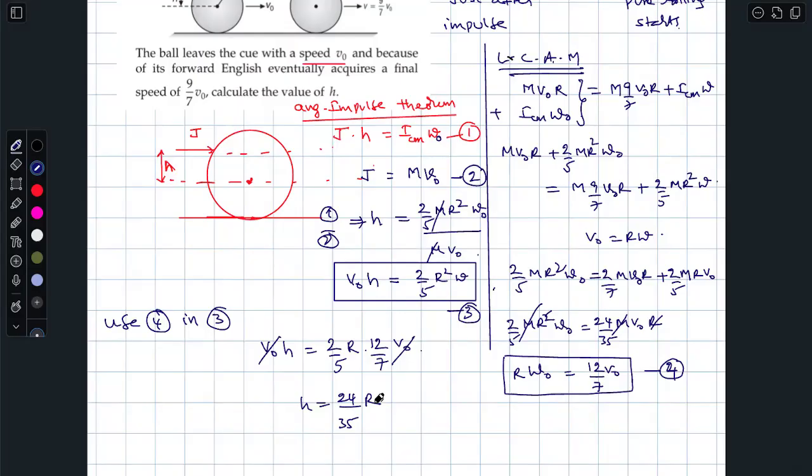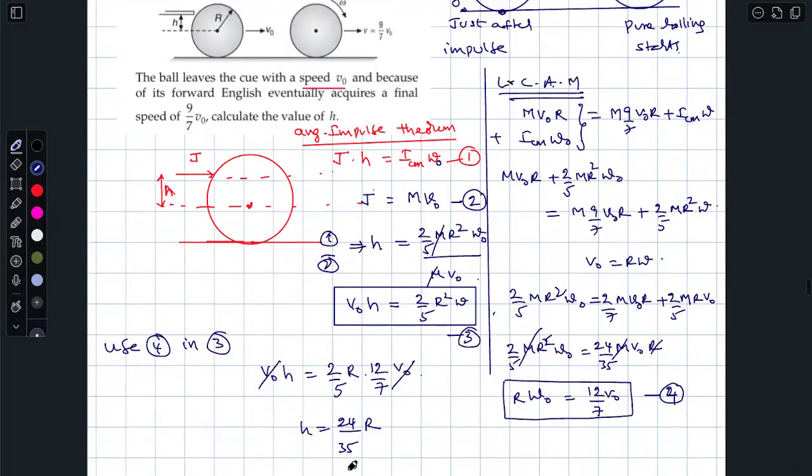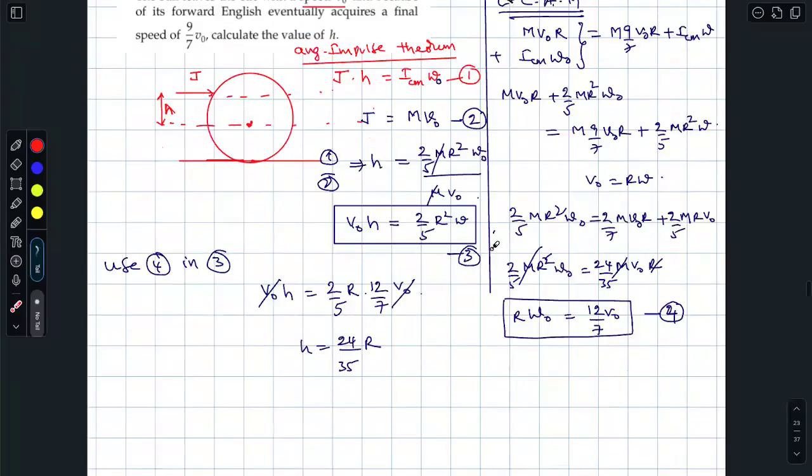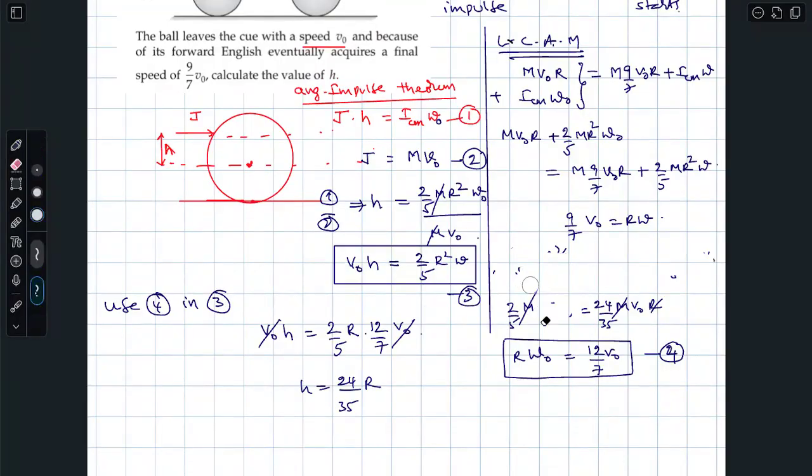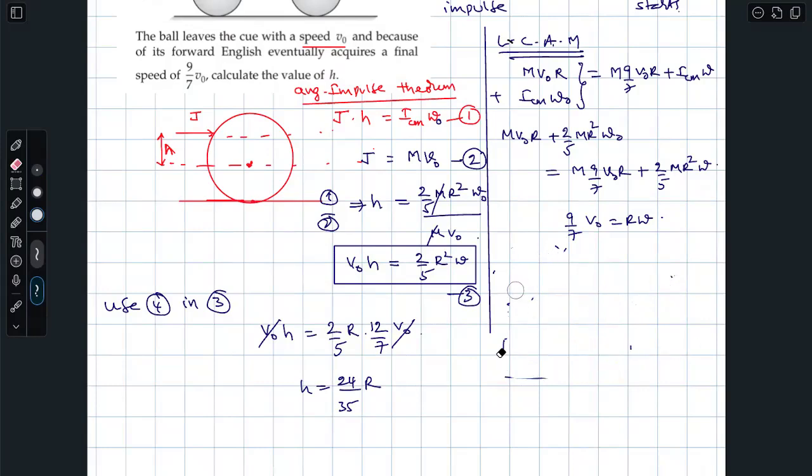Just please confirm. We have made one mistake here. What is that? It is the 9 by 7. 9 by 7 v naught is r omega. So this is a wrong substitution. Concept is right, substitution is wrong. Okay, no issues. Since we have identified the mistake, we can correct it.